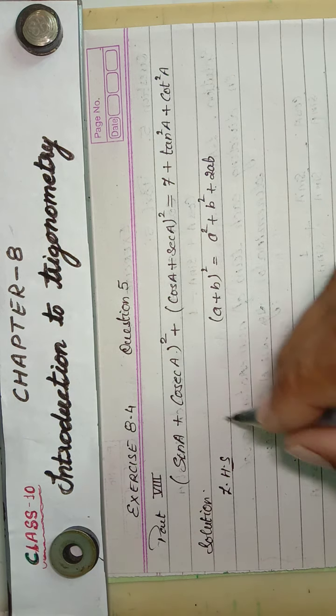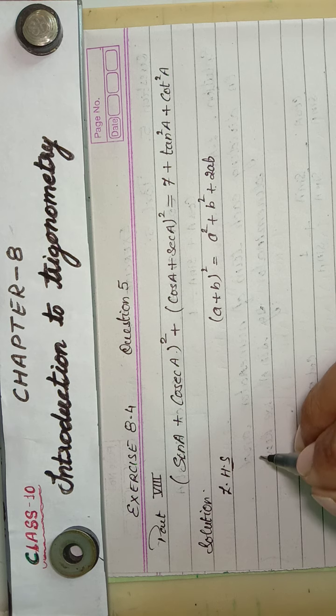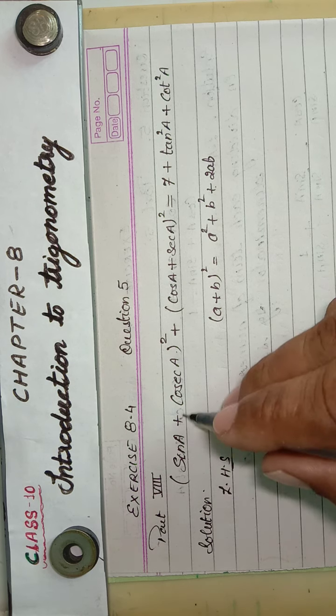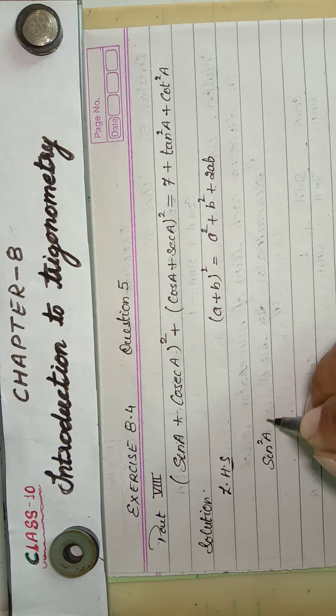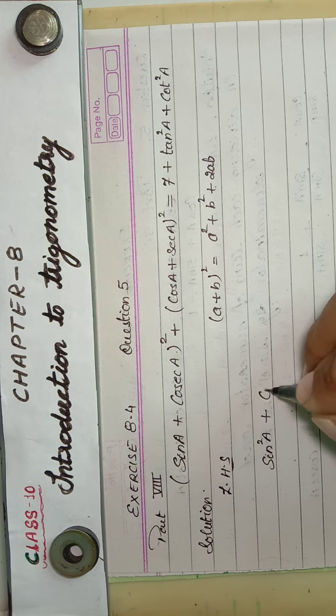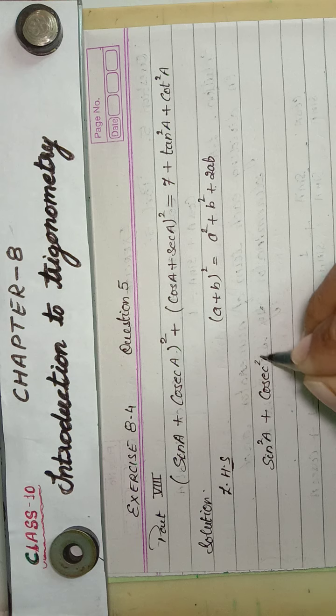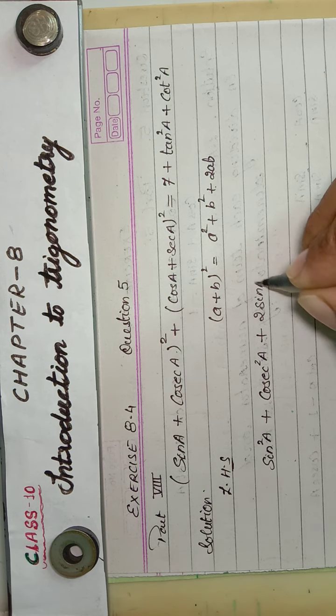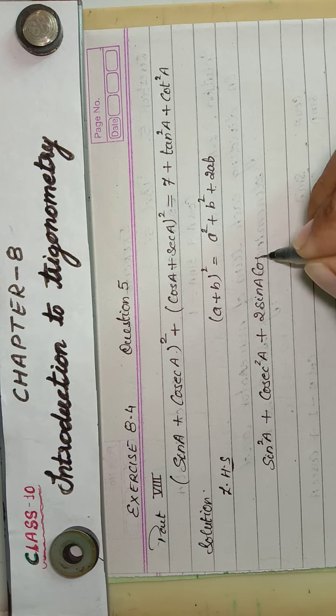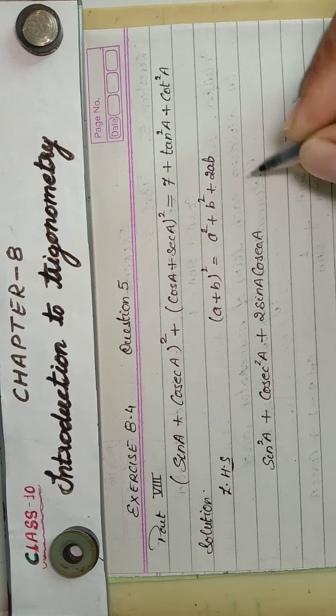So in this, (a plus b) whole square gives a square, so it is sine square a, plus b square, so it is cosec square a, plus 2 times sine a and cosec a, plus.